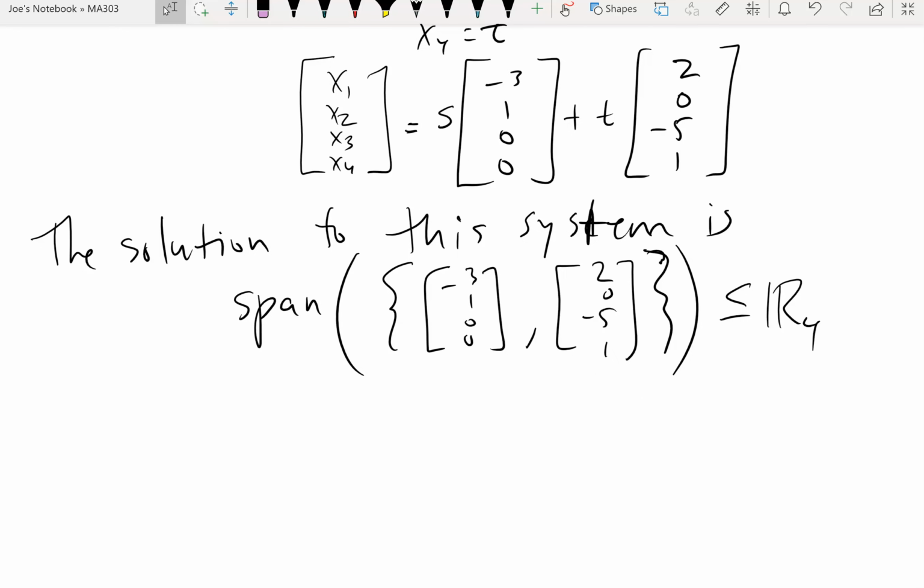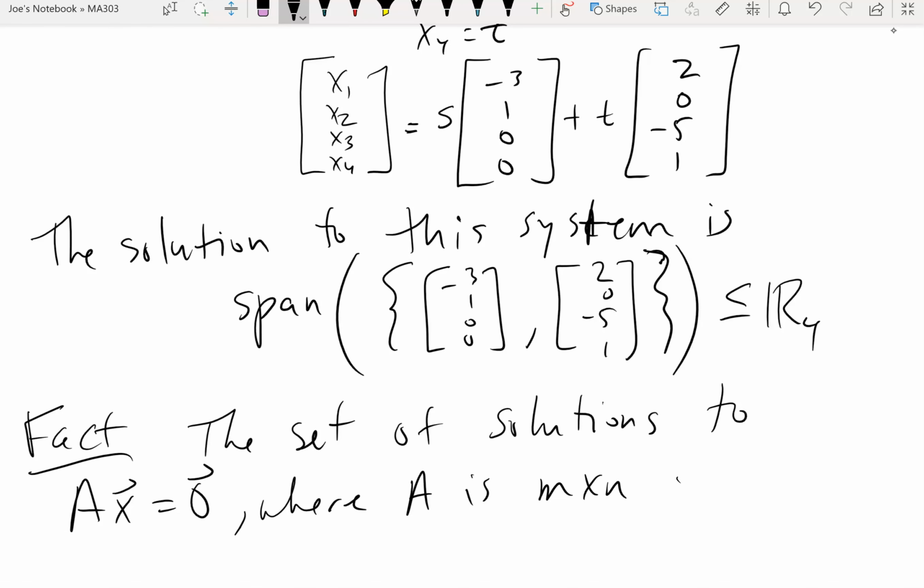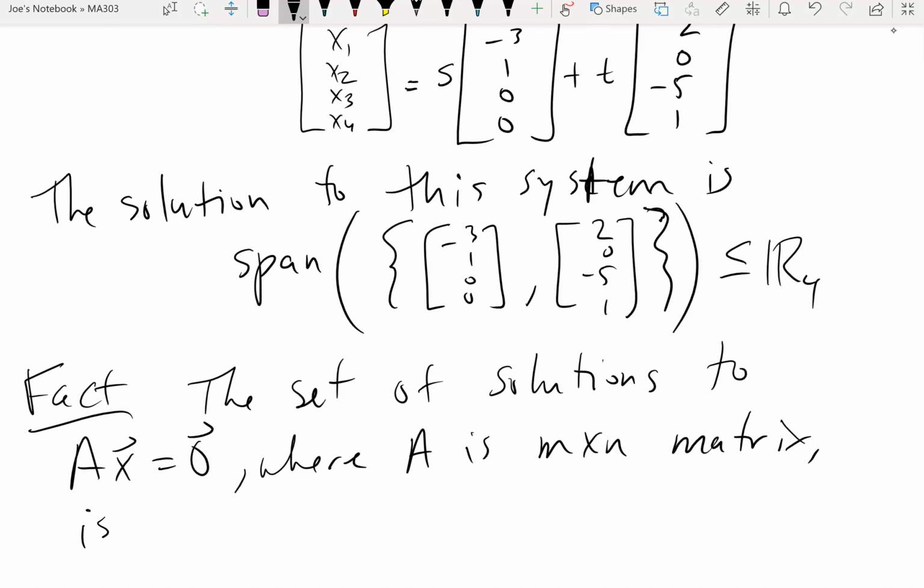So another fact that pops up along with this is that the set of solutions to AX equals 0, a homogeneous system where A is an m by n matrix, is a subspace of Rn.